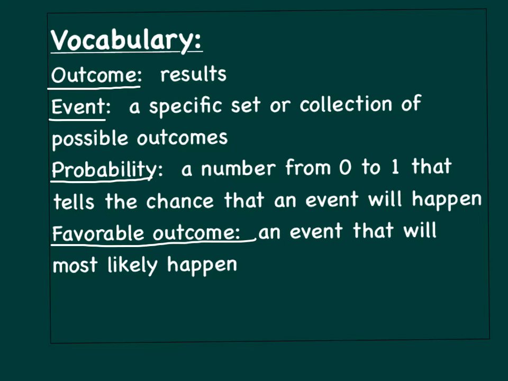Probability, which is what the title of our lesson has in it today: a number from 0 to 1 that tells the chance that an event will happen. Favorable outcome: an event that will most likely happen. Hopefully this will start to make sense as we look at some of the questions you are being asked.